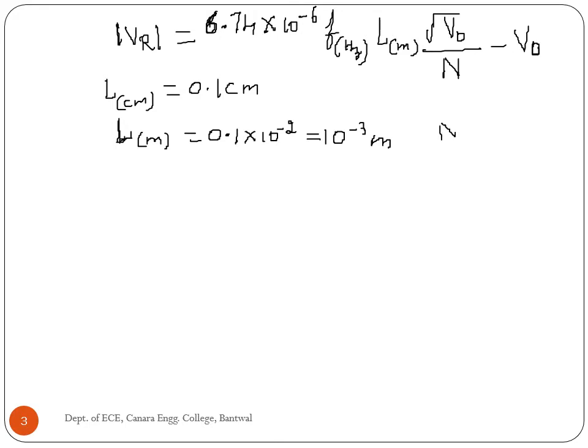So N is equal to 1.75. V0 is 300 volts. Now I'll substitute all the values in the repeller voltage expression.